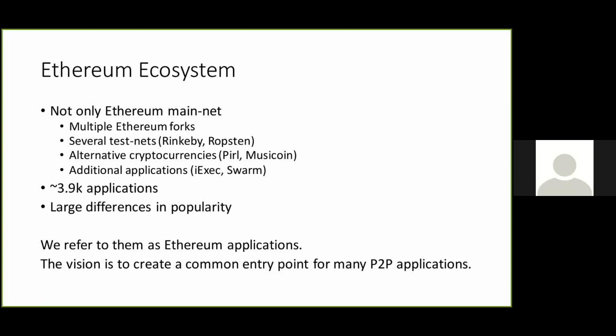It has several advantages because not every small application has to build its own DHT or its own peer-to-peer protocol. We can just reuse what's there, and it's also much more secure, because if your small application uses the same peer-to-peer infrastructure as Ethereum, it's much more secure.